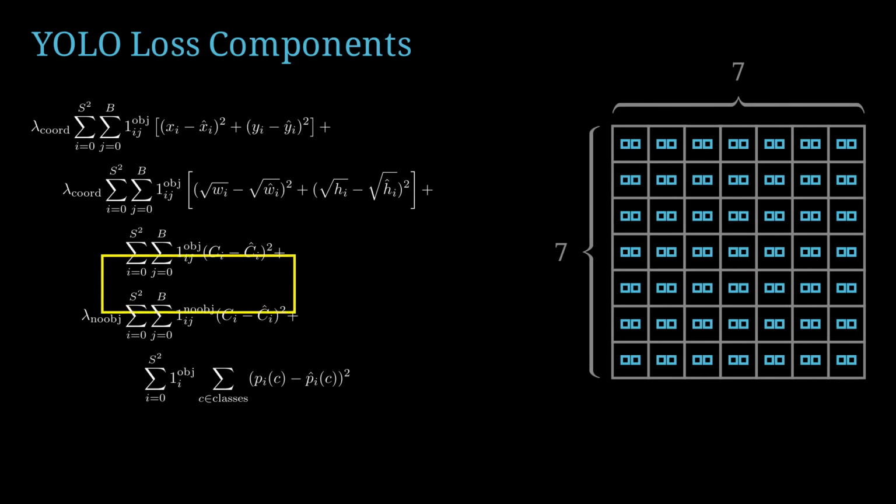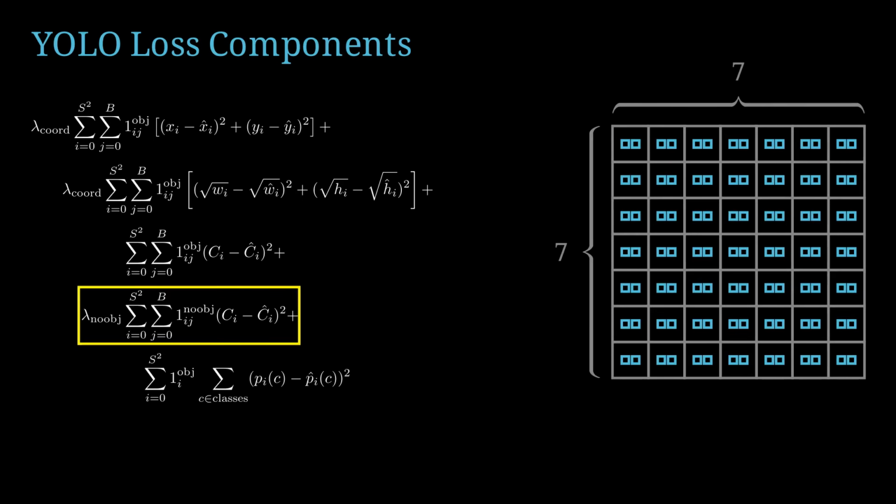In the third and fourth lines of the loss, again we are taking the mean squared error for the confidence score for whether an object is present or not. Here, as we discussed earlier, this represents values of 1 if an object is present and 0 if no object is present. The second part is the opposite of the first one.